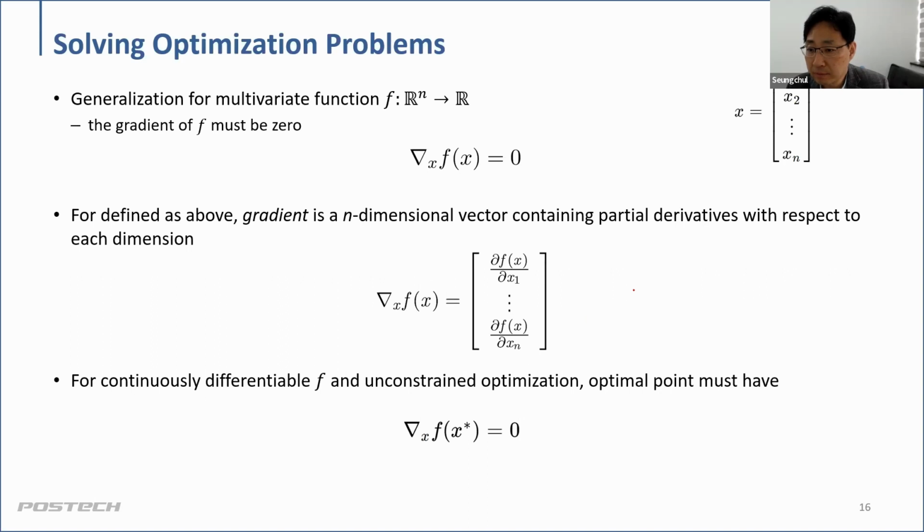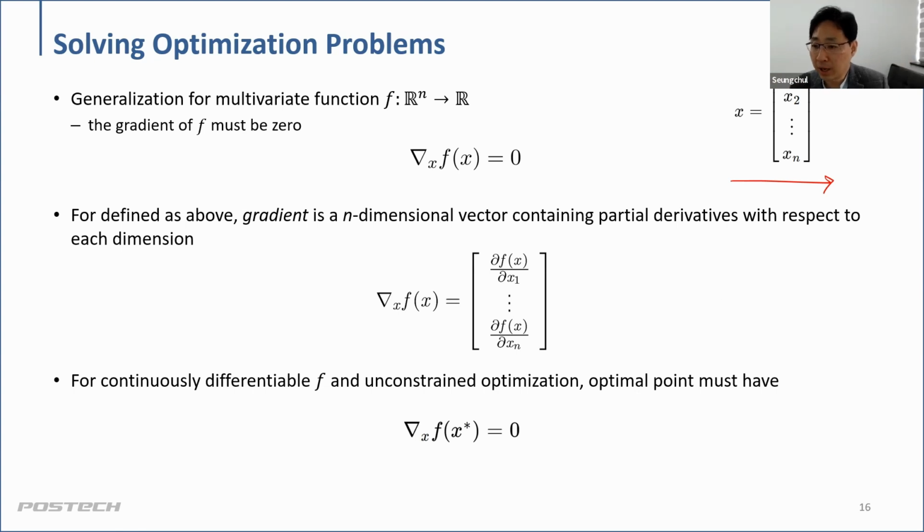Suppose we have n decision variables, n unknowns. Those are the dimensions of the space that we are thinking about.